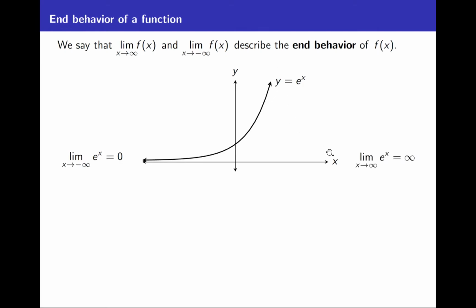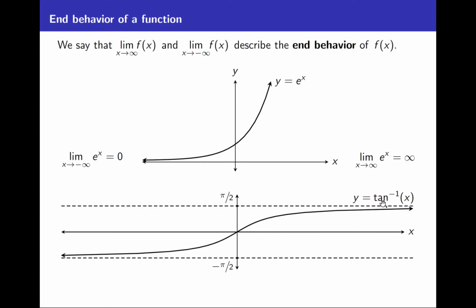It's approaching infinity. We might write the limit as x approaches infinity of e to the x equals positive infinity. So these two limits, we say, tell us the end behavior of this particular f of x. As x goes to infinity, f of x goes to infinity. As x goes to negative infinity, f of x approaches 0.